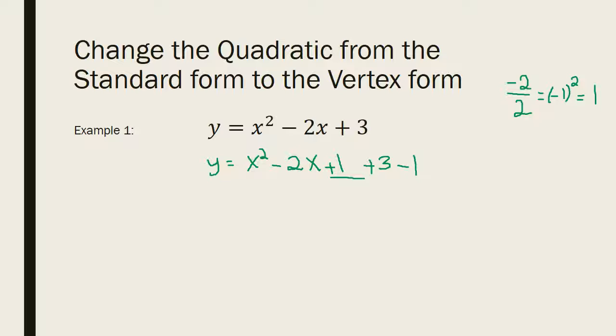X squared minus 2x plus 1 can be factored into the following: y equals (x minus 1) times itself. And the value of 3 and negative 1 together is 2.